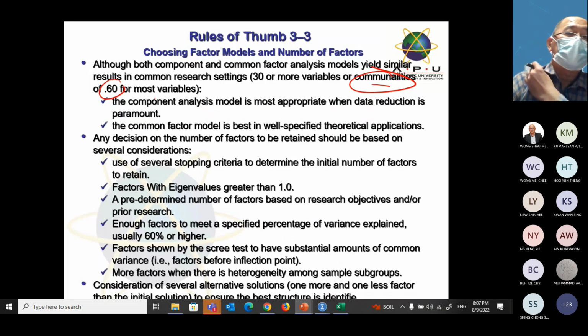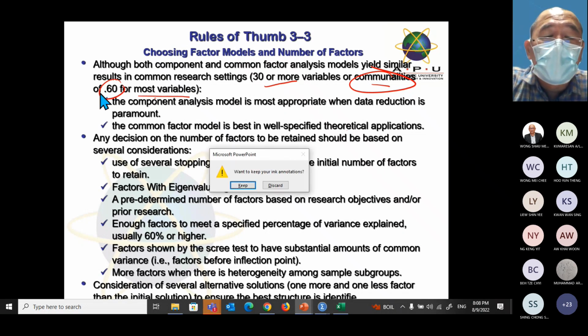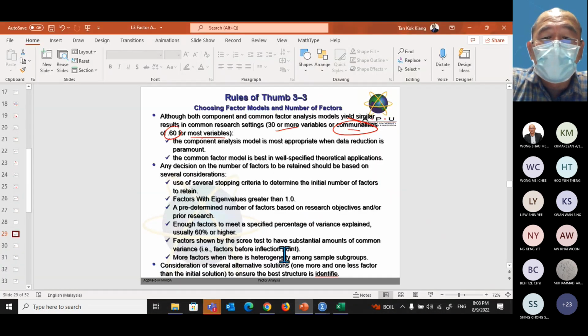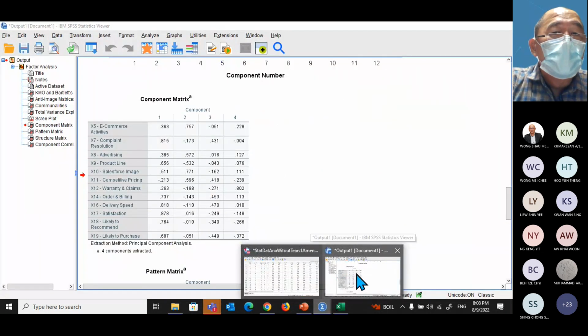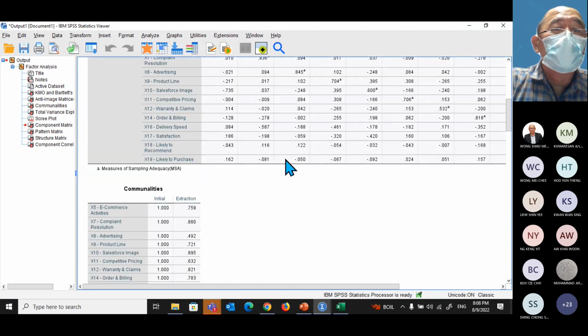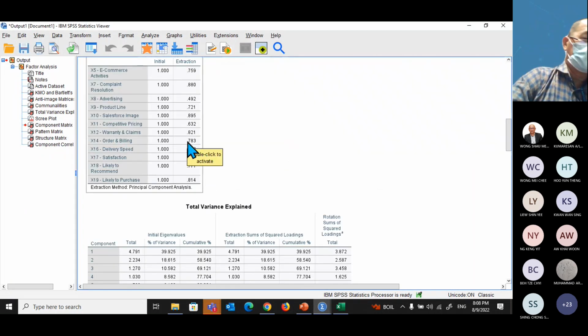So here, we need 30 or more variables, and communality should be 0.6 for most variables. Now you can see this, again, the output 0.6 and above. Therefore, if you want, you can drop x8.